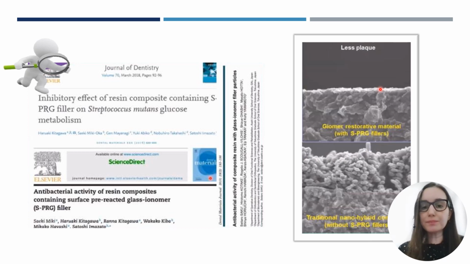So here we have the Giomer restorative material, and we can see less plaque adhesion. And this one is a traditional nano hybrid composite resin without SPRG fillers, so we can see much more biofilm on it. So we can see that SPRG fillers can inhibit bacterial adhesion.